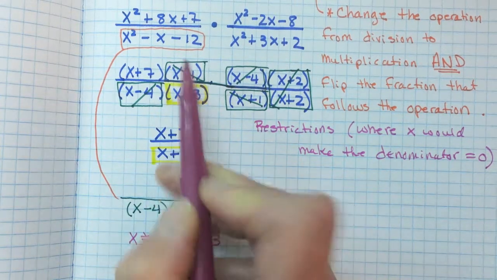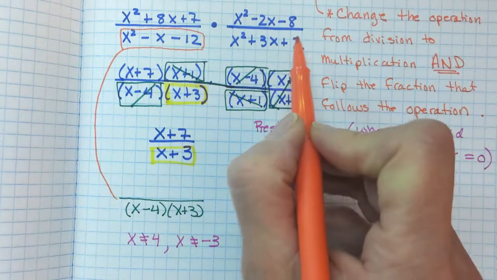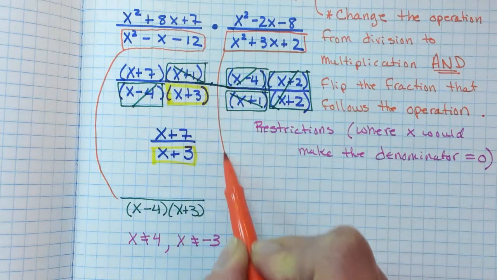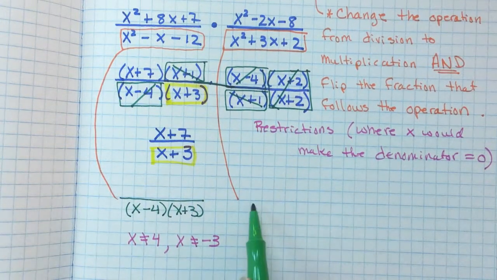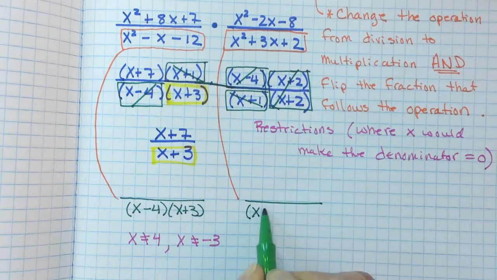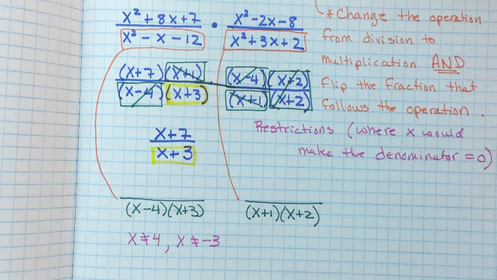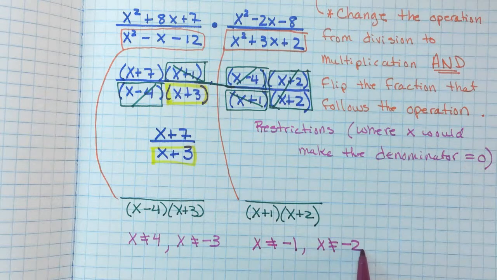So those are two restrictions from that denominator. If I look for my restrictions in this denominator right here, that was our factoring that came here. So that's our x plus 1, x plus 2. So that means that x cannot equal negative 1 and x cannot equal negative 2.